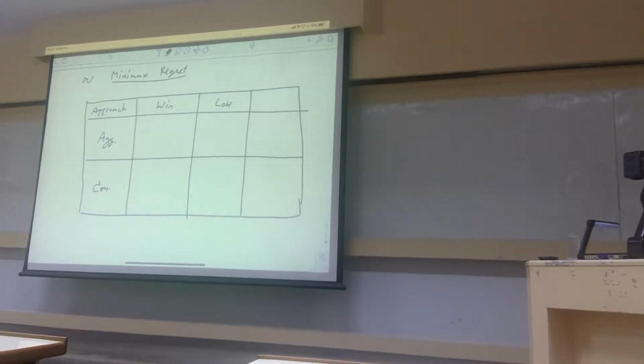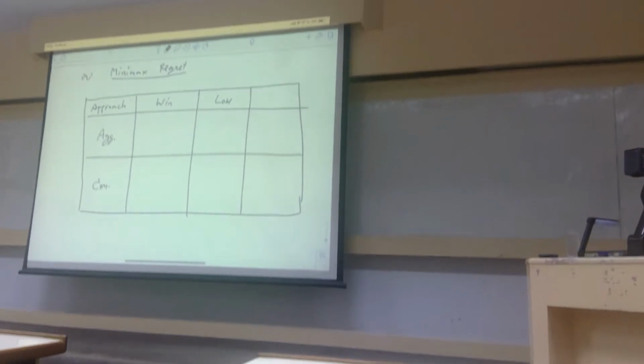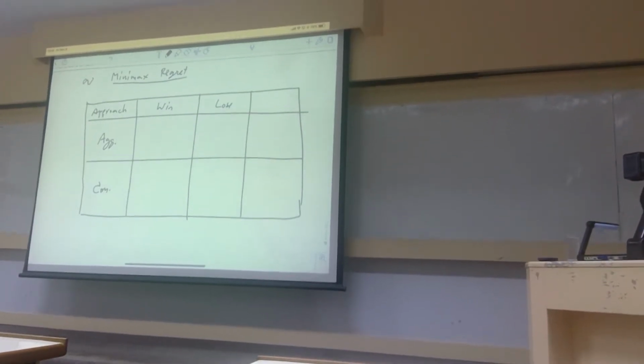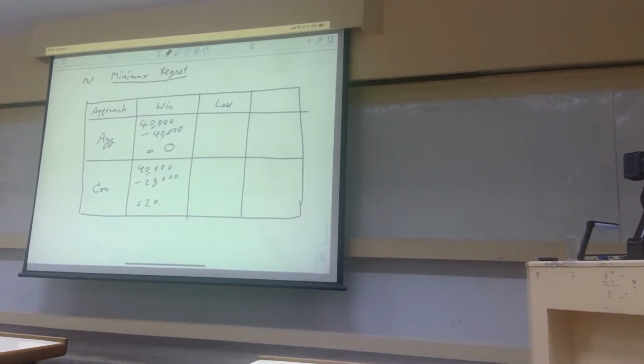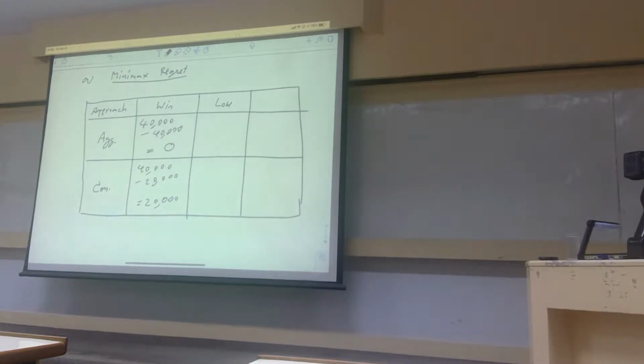Okay, in the case of a win, the highest payoff is 40,000. So we calculate 40,000 minus 40,000, and the opportunity loss is 0. But for the conservative case, we use 40,000 minus 20,000, so the opportunity loss is 20,000.